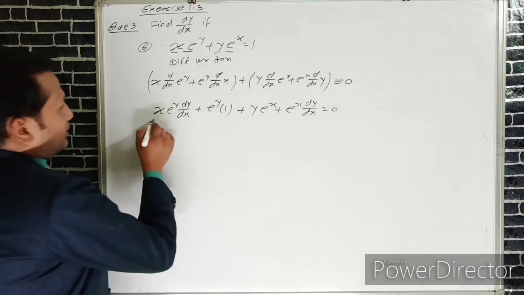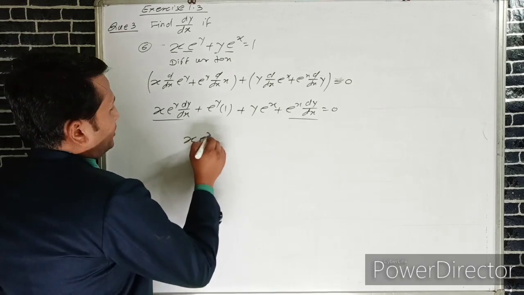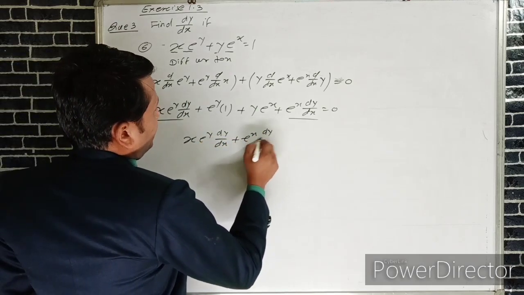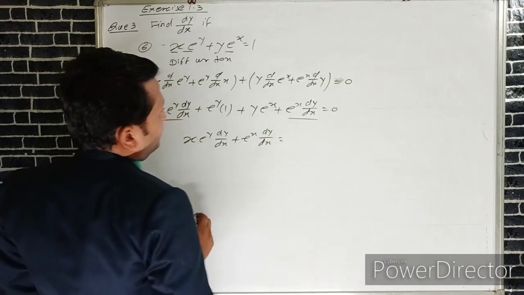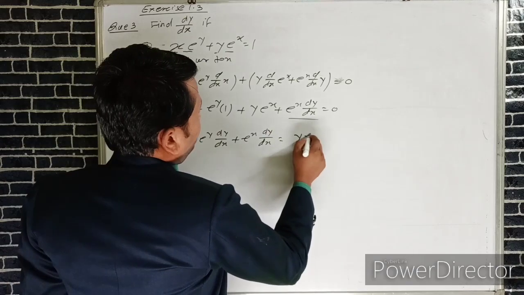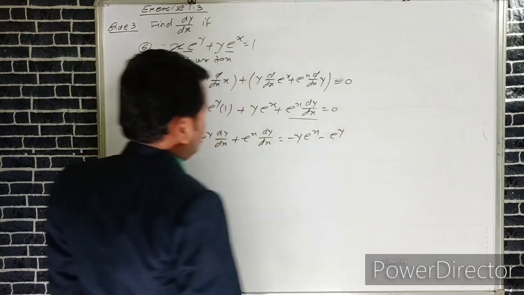If we take dy by dx common from both these terms, we can write x e to the power y dy by dx plus e to the power x into dy by dx is equal to, if I take these terms to the right side, y into e to the power x plus e to the power y.